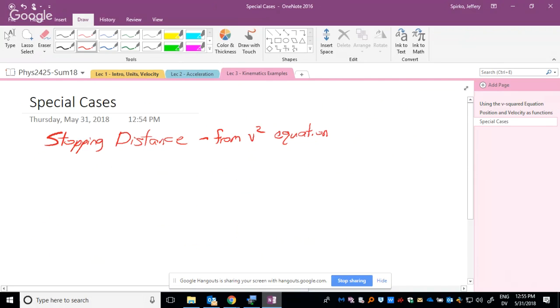And the easiest way to think about stopping distance is to look at the v-squared equation. So we're talking v final squared equals v initial squared plus 2a delta x. And if we're in a process of stopping, then our v final should be 0. At least if we successfully stop, our v final is going to be 0.